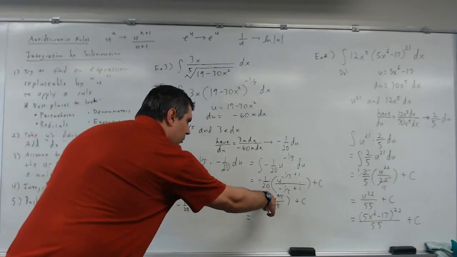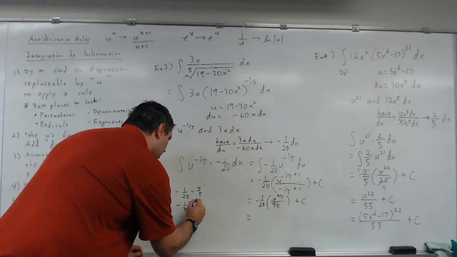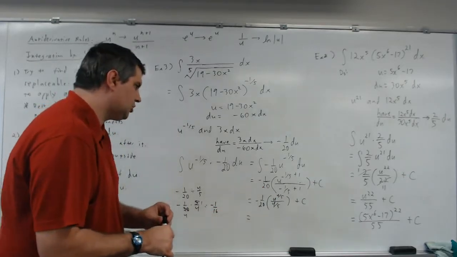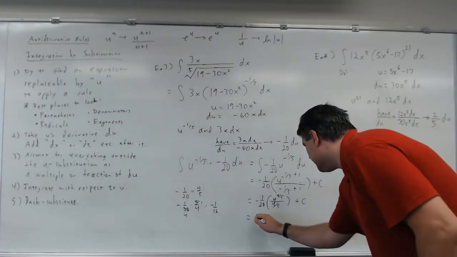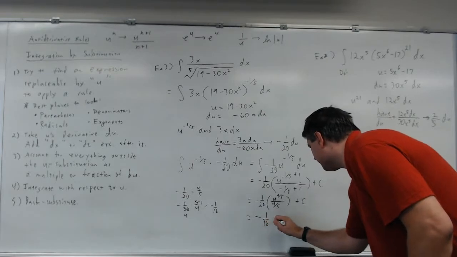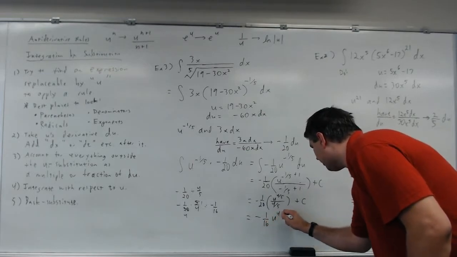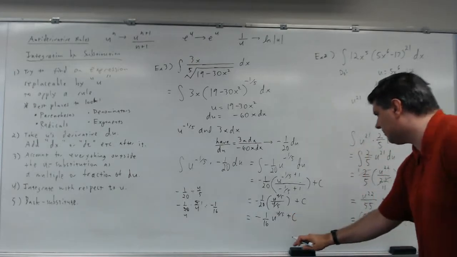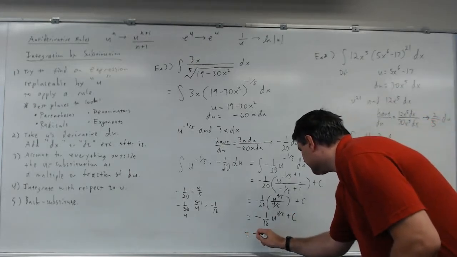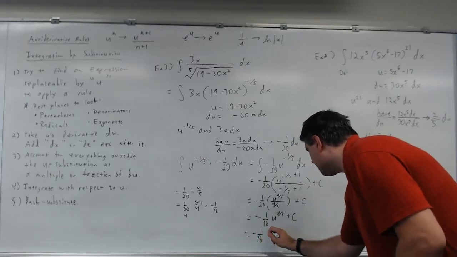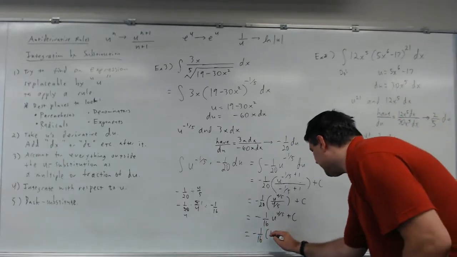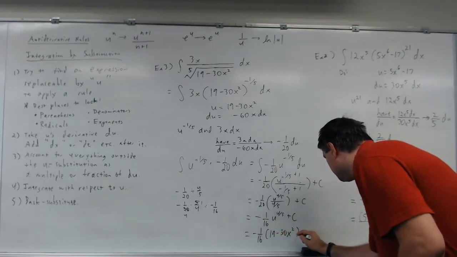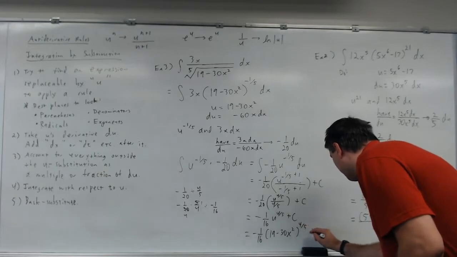I'm working this out. So 1/4, negative 1/16. So I'm going to have negative 1/16 u to the 4/5 plus c, which I'm simply going to rewrite as negative 1/16 times 19 minus 30x squared to the 4/5 plus c.